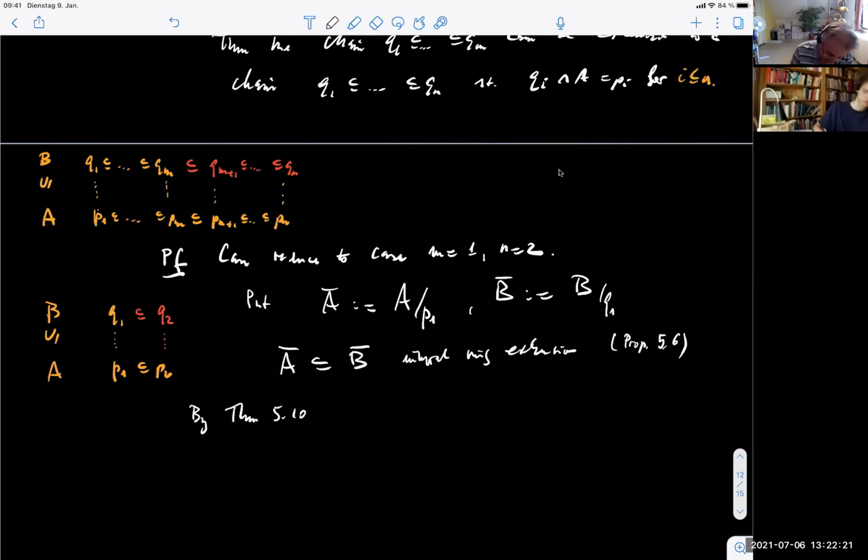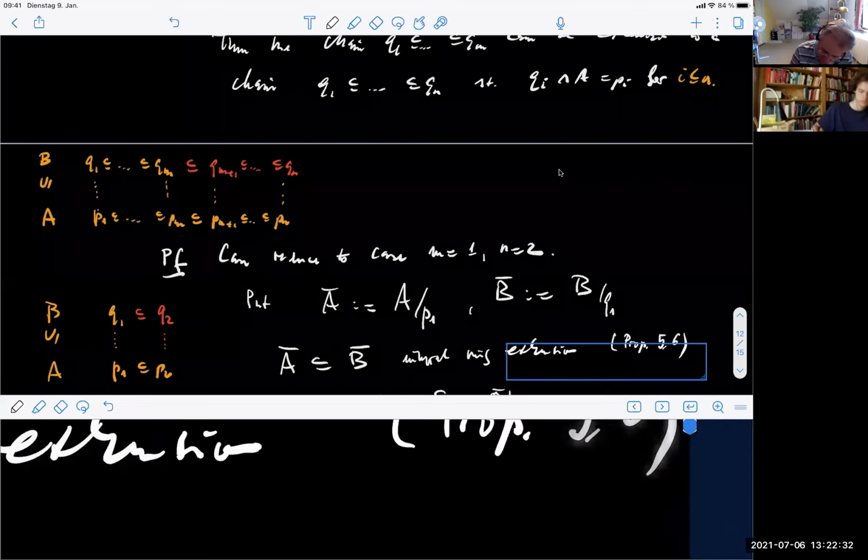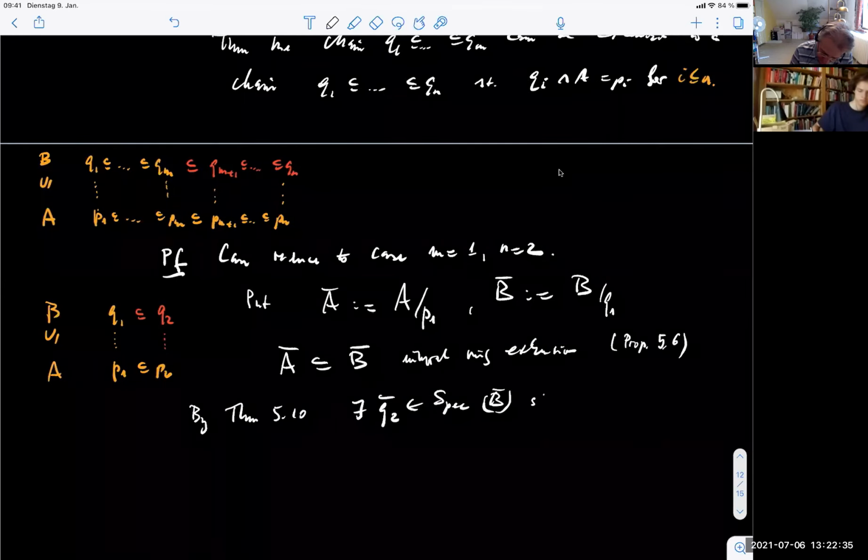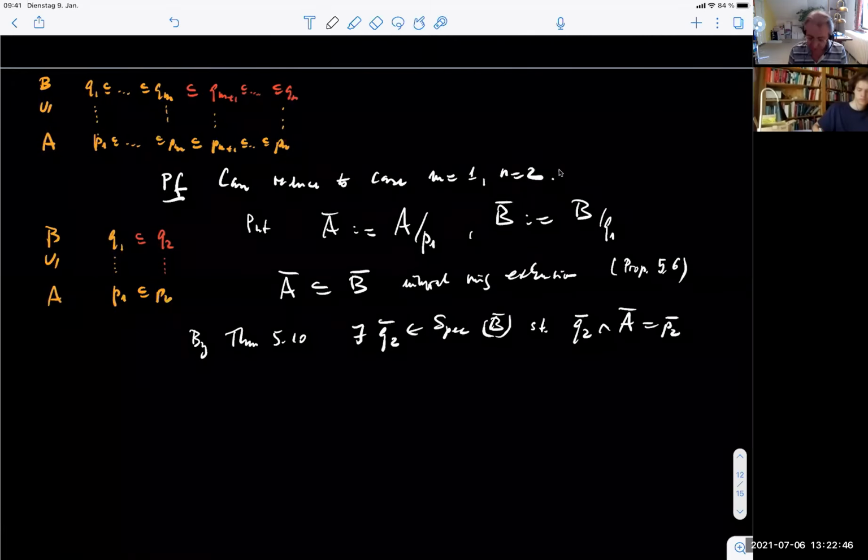Okay. So now, that was almost trivial, but now by the theorem I proved just before, the non-trivial one, I know I can find a prime Q2 bar in the spectrum of B bar lying above the P2 bar. So if I intersect with A bar, I get this. Now, from this Q2 bar, how do I get the red Q2?